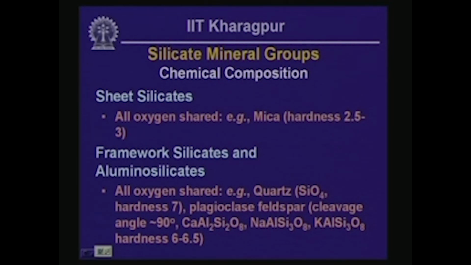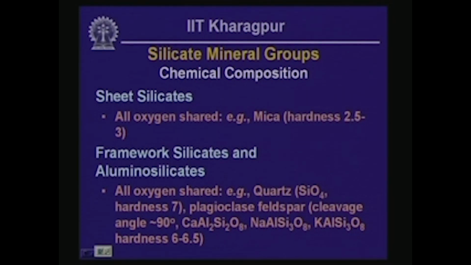In ring silicates, just like a double chain, you have 2 oxygen ions shared, but in sheet silicates all oxygen ions are shared.